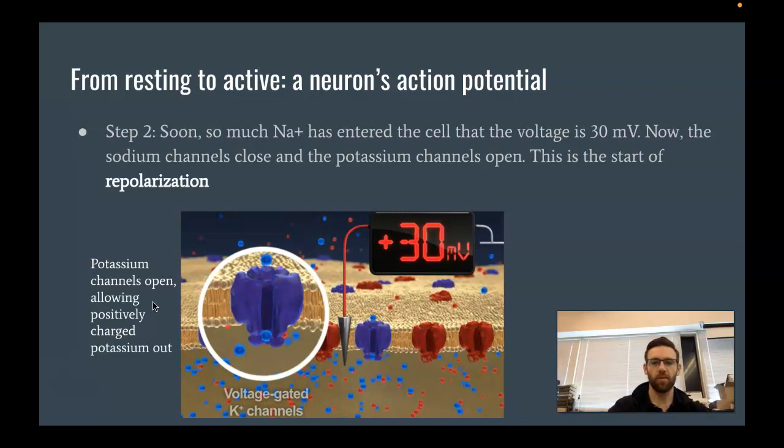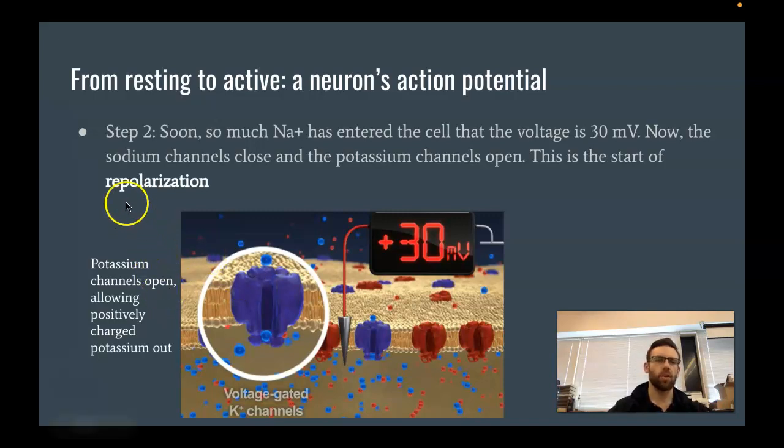All right, so there are these other voltage-gated channels for potassium. They're going to now open, and now potassium can start to leave the cell very easily. And so we have potassium leaving, and that's going to drive the voltage to the negative side again.